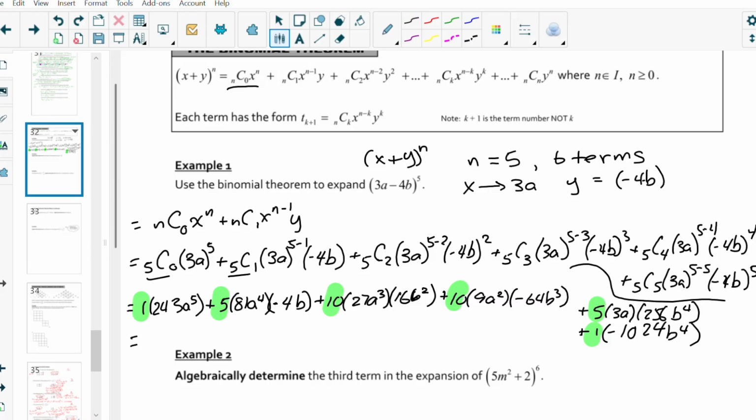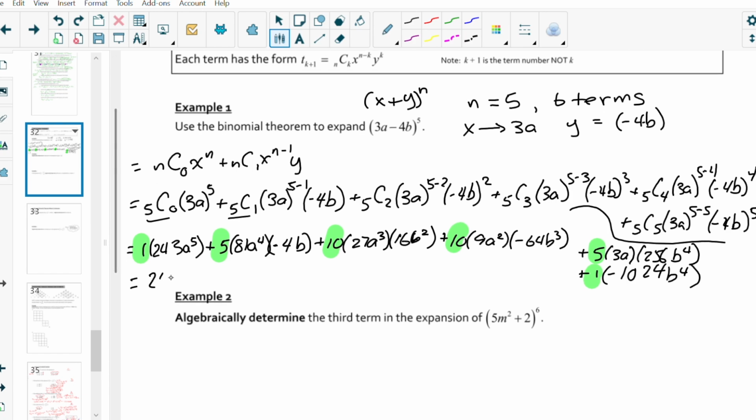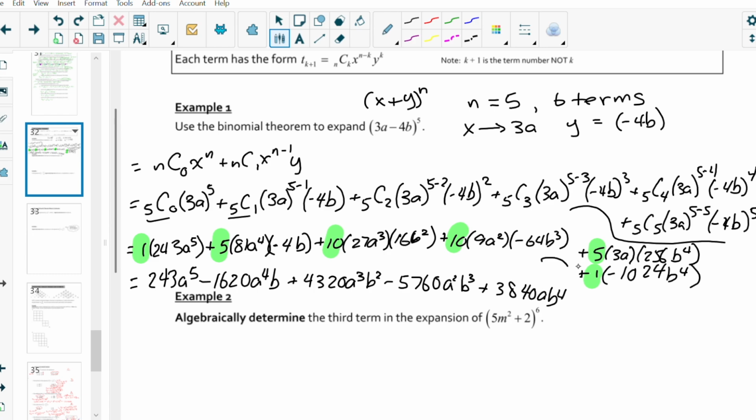Okay, cleaning all this up. Let's multiply everything out. 243a to the 5th minus 1620a to the 4th b plus 4320a to the 3rd b squared minus 5760a squared b cubed plus 3840ab to the 4th minus 1024b to the 5th.